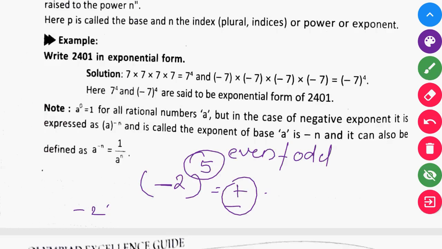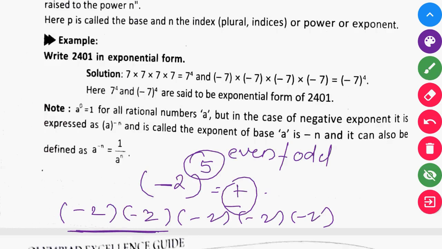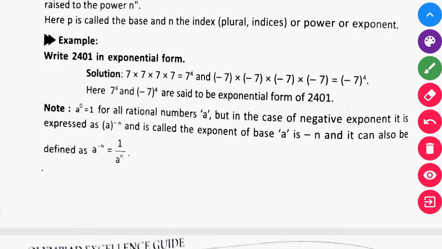If you multiply -2 five times, you get a negative answer, because -2 multiplied by -2 becomes +4, -2 multiplied by -2 becomes +4, 4 4s are 16, but 16 multiplied by -2, so the answer is -32. So if the base is a negative number and its exponent or power is even, then the answer is positive. If its power or exponent is an odd number, then the answer is negative.